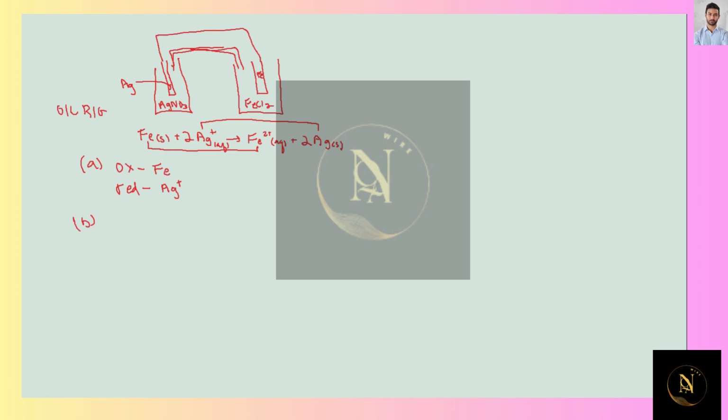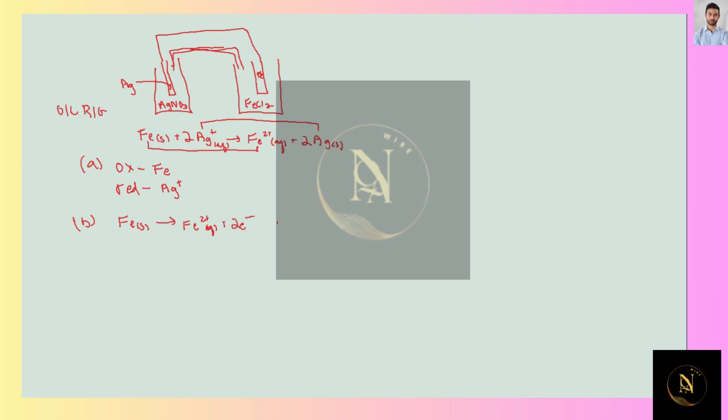Part B asks, write the half reaction that occurs in the two half cells. The iron half reaction is iron metal becoming Fe2+ ions aqueous plus 2 electrons to balance the charge.